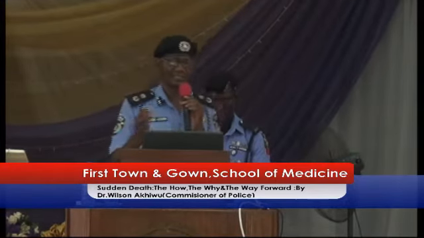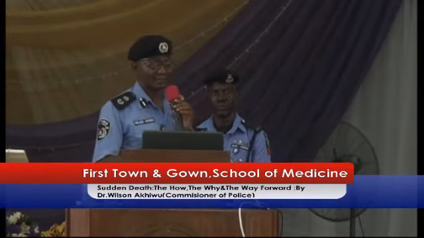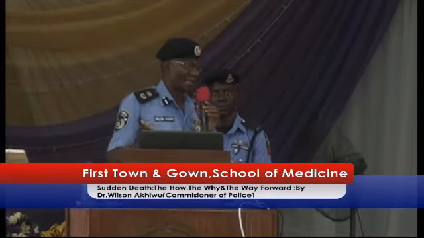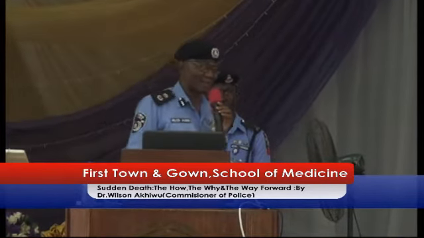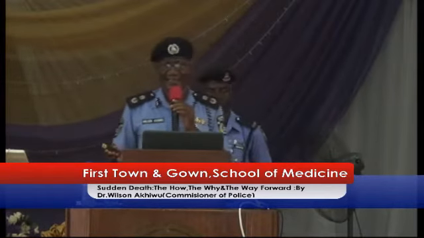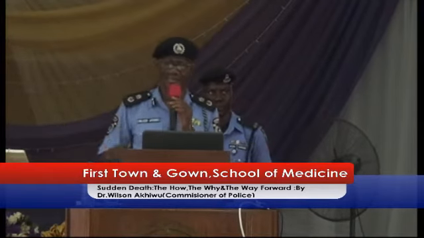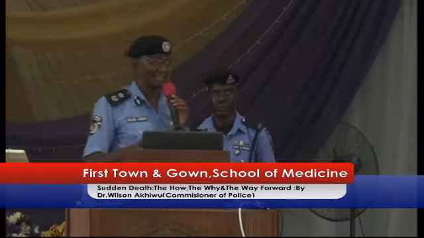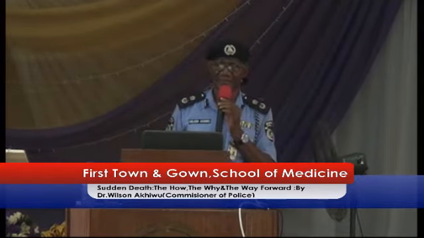And so, using time frame, there are 4 categories of sudden deaths. Somebody can just die and there is no history of any ailment at all. This is particularly common in Nigeria, where people do not go for medical checks. If you can just get up and move, you are okay. And so if anything happens to such person, it's always a surprise and it's attributed to many, many things.